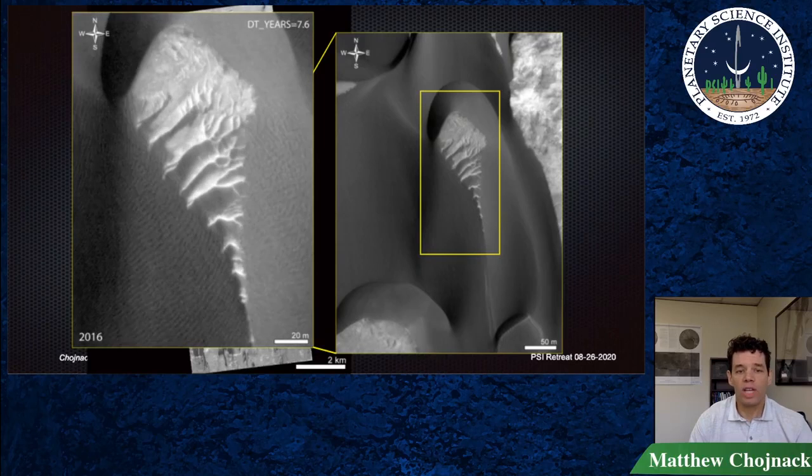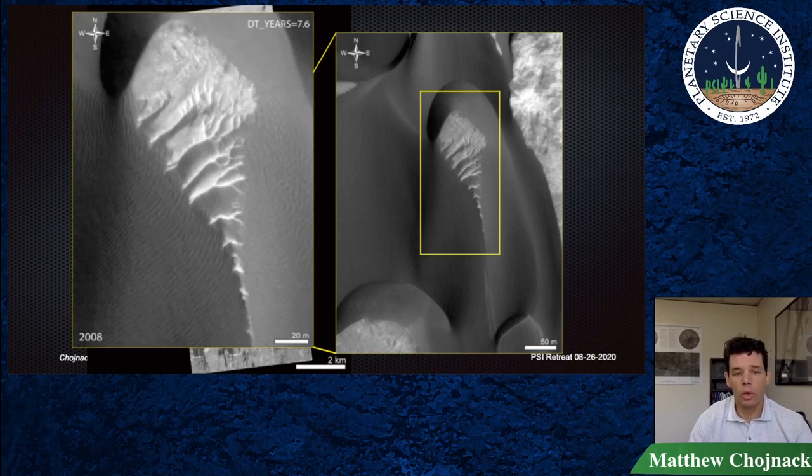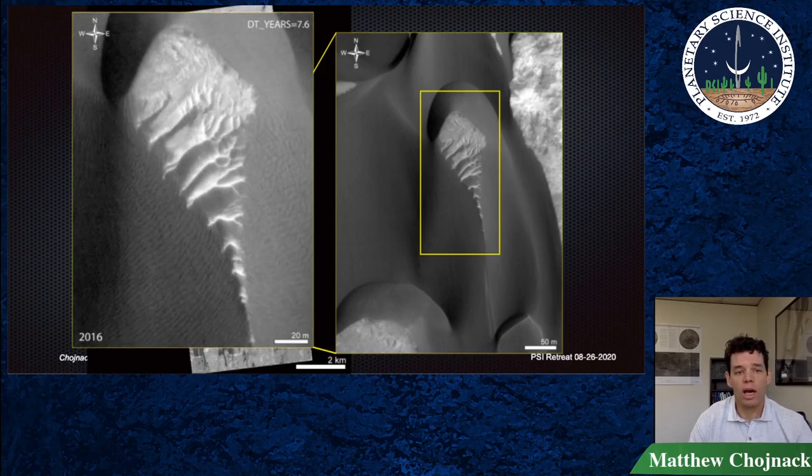For example, here in this plot, you could see some bright bedforms that are being buried by the dunes, and normally we would have seen those years ago in shorter time-lapse images and just noticed the dunes migrating right over them. In this example, over roughly 7.5 Earth years, you could see little crest bifurcations that are shifting downwind and migrating along with the dunes and the dark tone ripples.